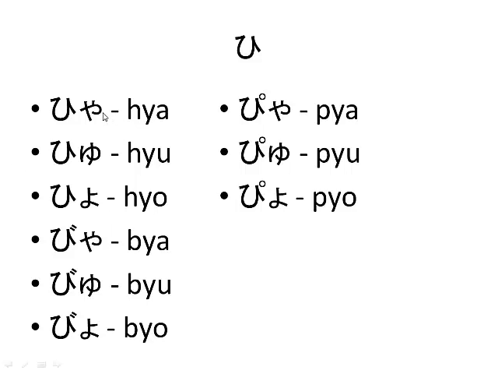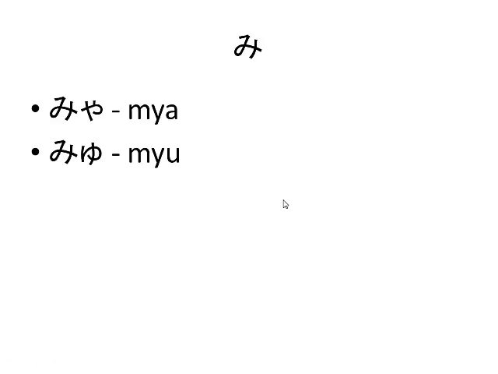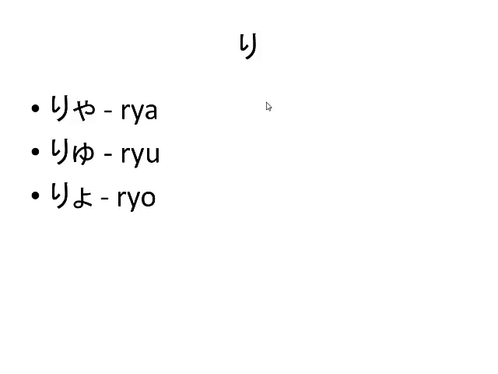Then the M line, mi: mya, myu, myo. The last one is the R line, the ri line. Rya, ryu, ryo.